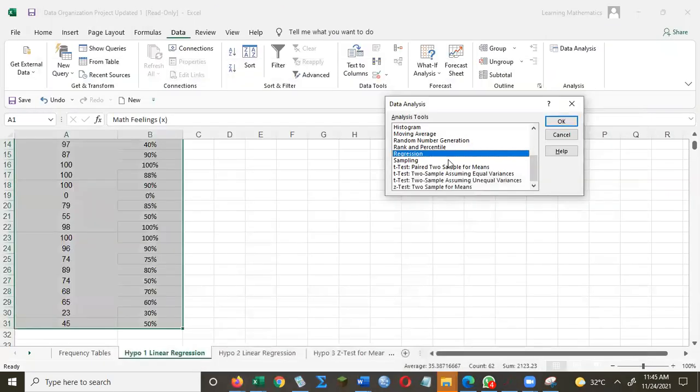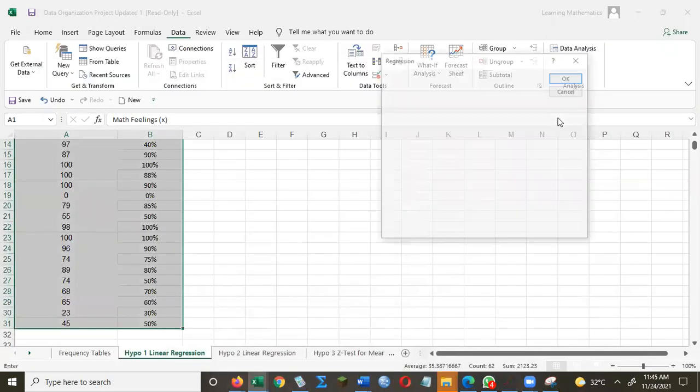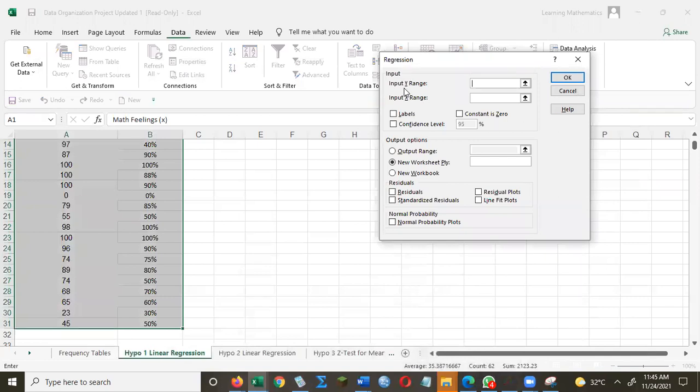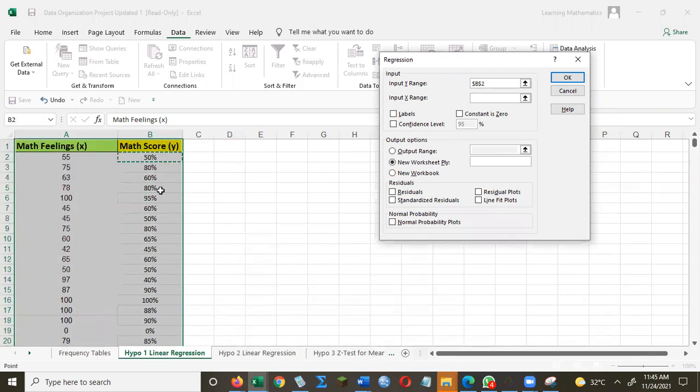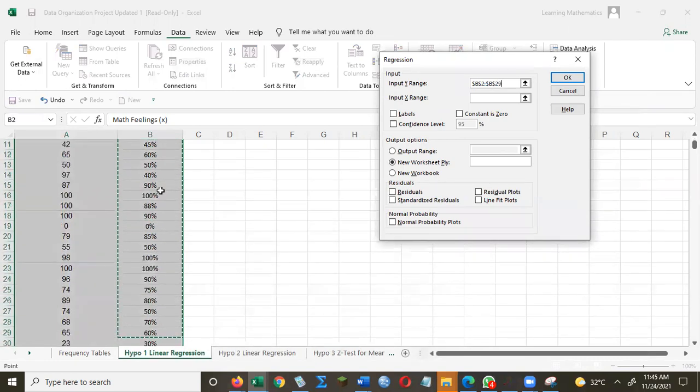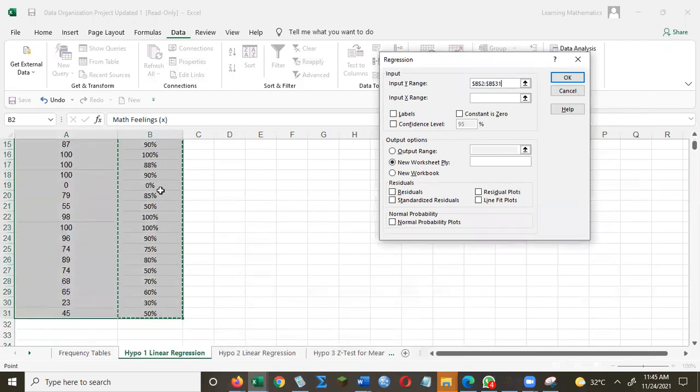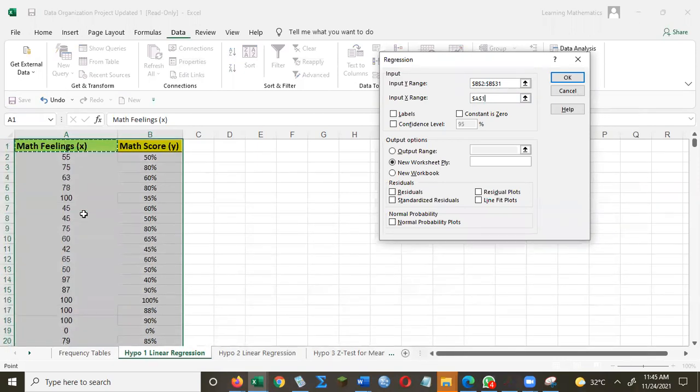All right, so you just go to regression, and then you tell it the input. The y variable would be the score, so you highlight from B1 to B41, and the x variable is your positive math feelings.